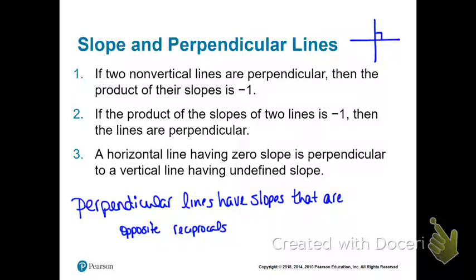Now, what does opposite reciprocals mean? Opposite means we're going to change the sign. So if it's positive, it's going to become negative, and negative will become positive. And reciprocal means to flip the fraction.